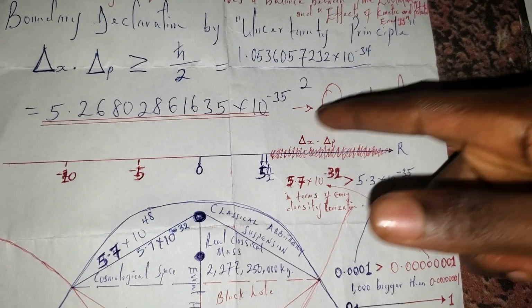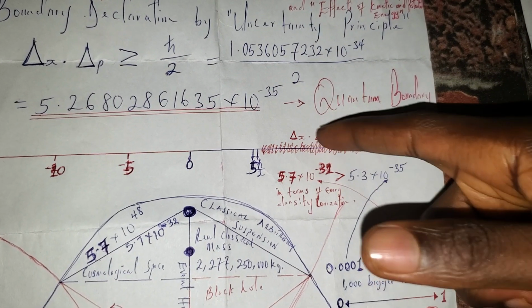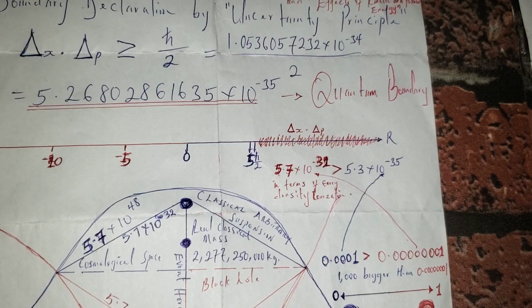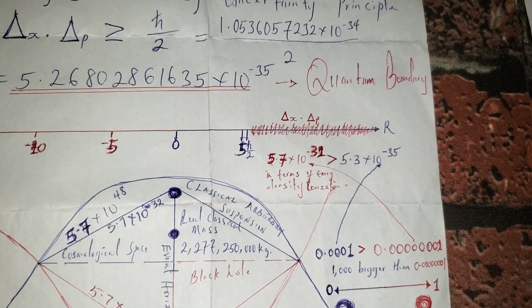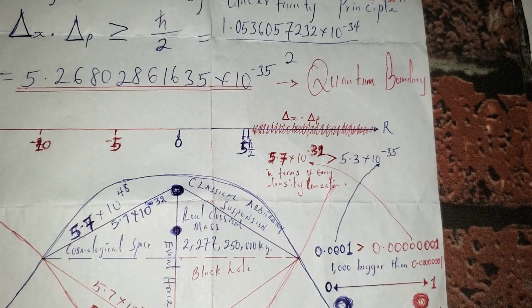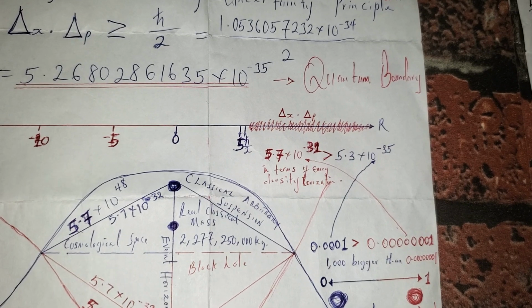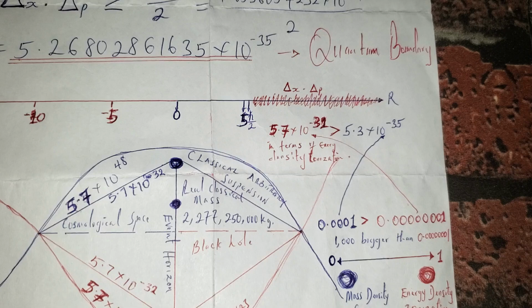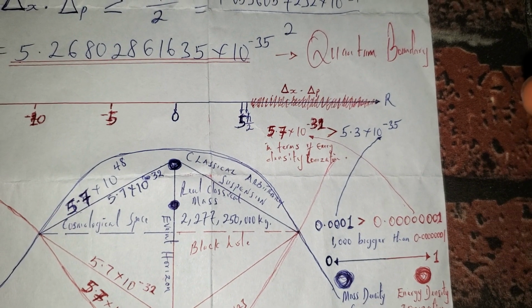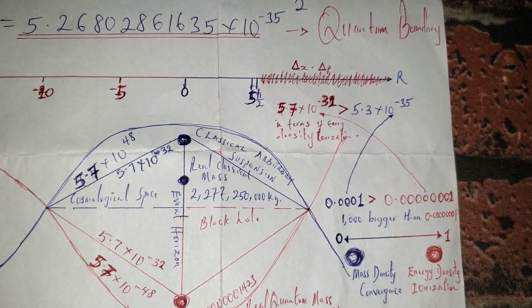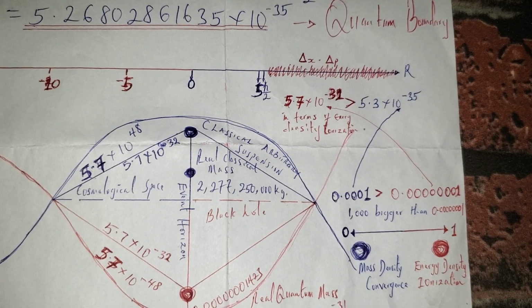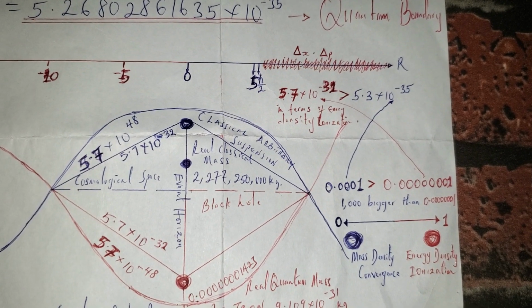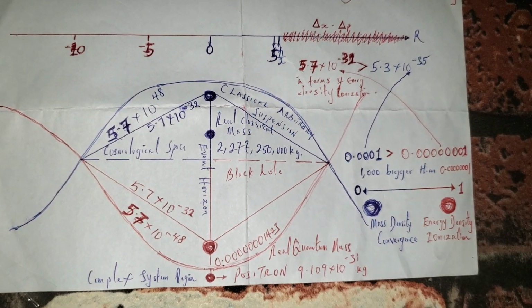So it satisfies this condition of uncertainty principle limit, and that is why reality is so difficult to get at quantum level. But the moment we have the trajectory of time breaking that symmetric nature of light speed, then we'll be able to get reality.